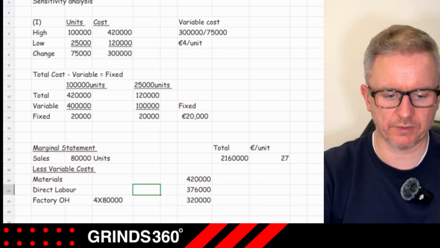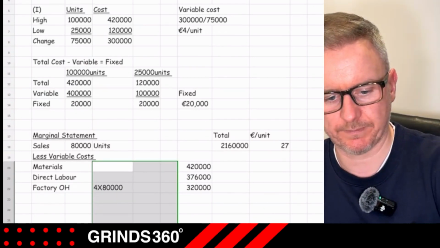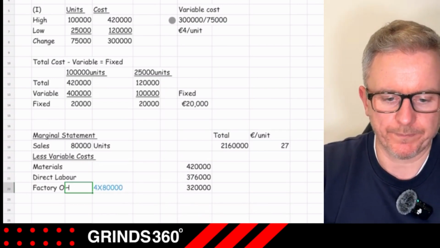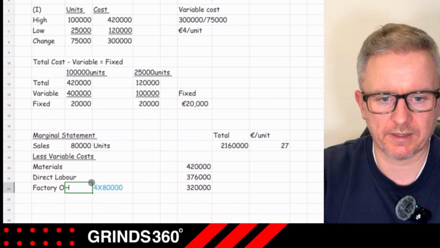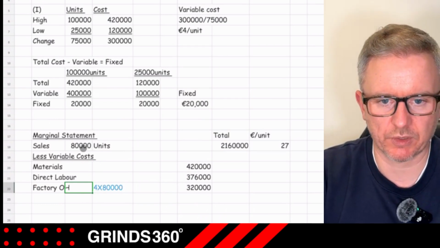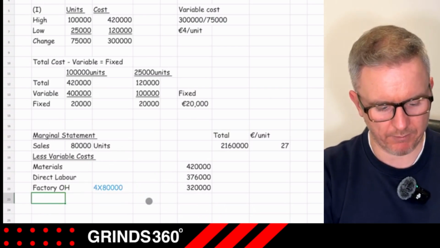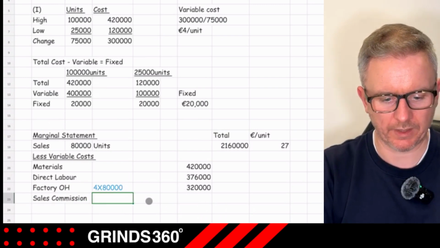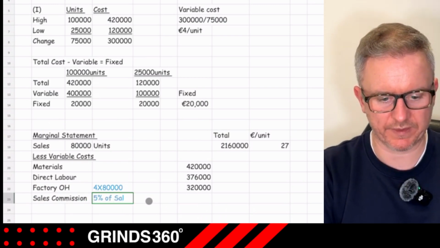Just a quick recap on where that's coming from. I'm going to put those in blue so you know the workings. The 4 euro is coming from up here, that 4 euro per unit, and the 80,000 is coming from here, the number of units in this production cycle. So 4 by 80,000. My sales commission then, they told us the sales commission has to be 5% of sales.